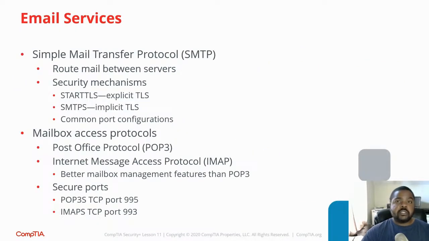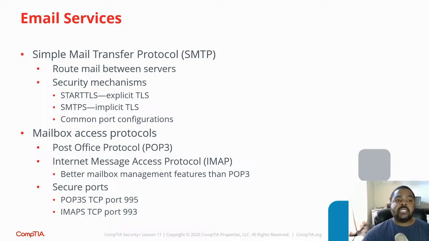So, email services. When we're using the internet, we use a protocol to send email back and forth, and we do this to keep that security factor in case anyone is sniffing the network and can intercept that traffic. The protocol that we normally use is port 25, under Simple Mail Transfer Protocol, or SMTP, and we use it, like I said, to route mail from one mail server to the next.